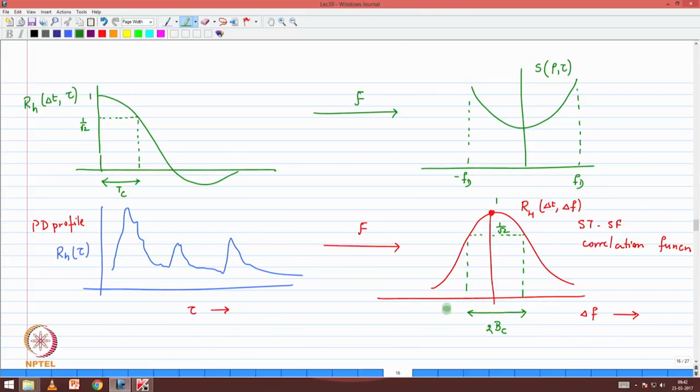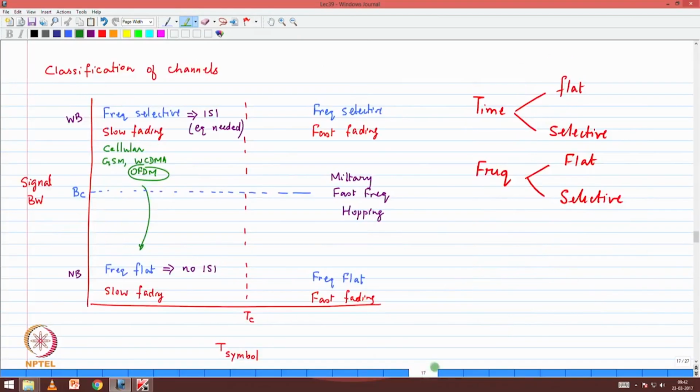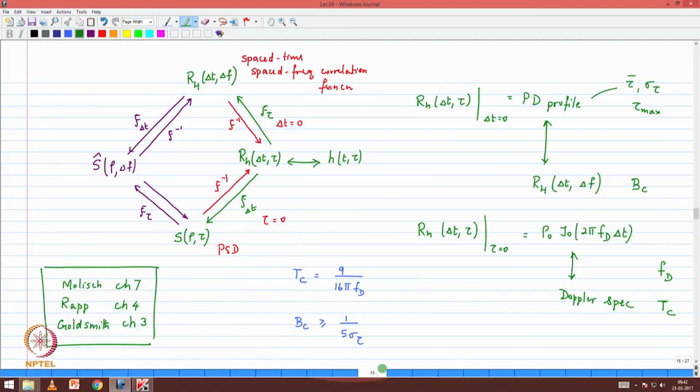So that tells me how to compute something called the coherence bandwidth. The two important parameters we need in our discussion are coherence time, 9 by 16 pi fd, and the coherence bandwidth, 1 by 5 times sigma tau, and these are the key parameters which characterize both the time variation and the variation across different frequencies.